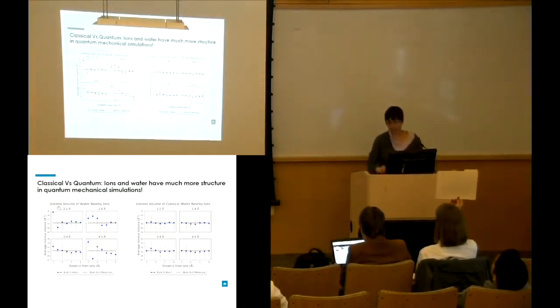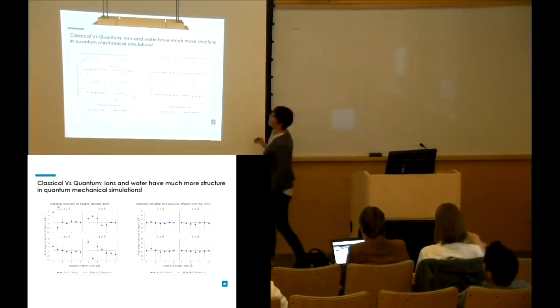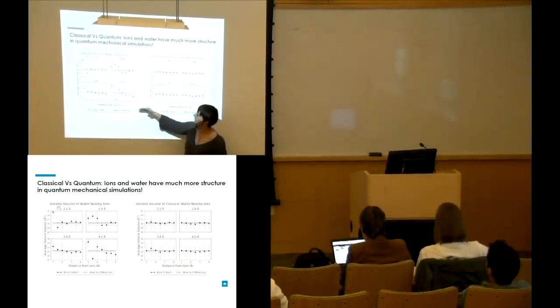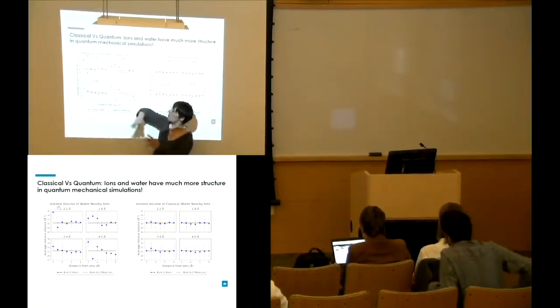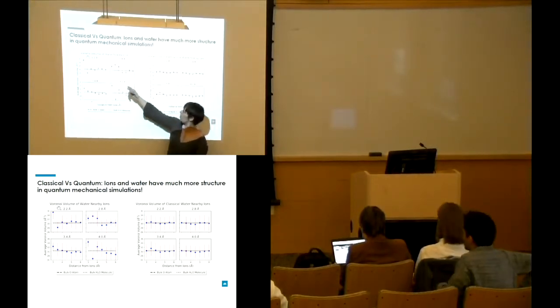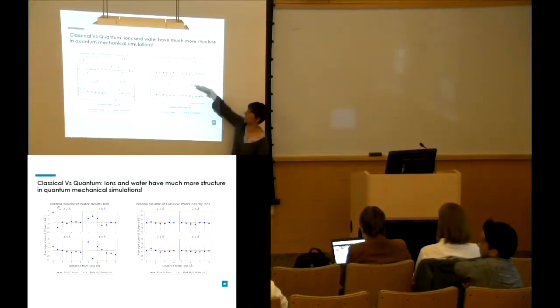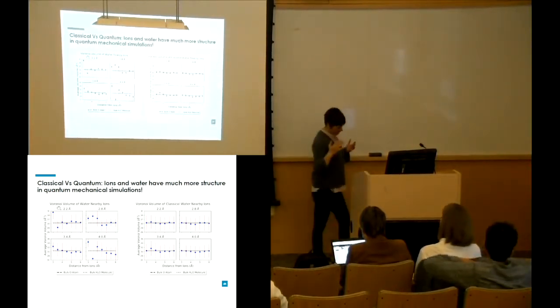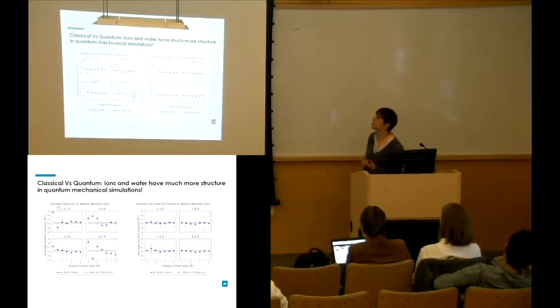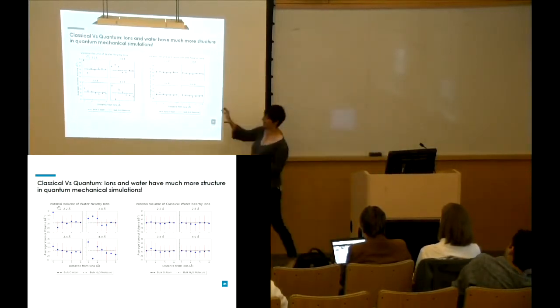And that, indeed, is even more stringent when we get to actually looking at the volume of the water molecules, where, again, in quantum mechanics, we see really large changes of how much volume water molecules can explore. Classical mechanics gives us very, very little volume change. So what this is saying is that, indeed, we do need to take into account these quantum mechanical simulations.